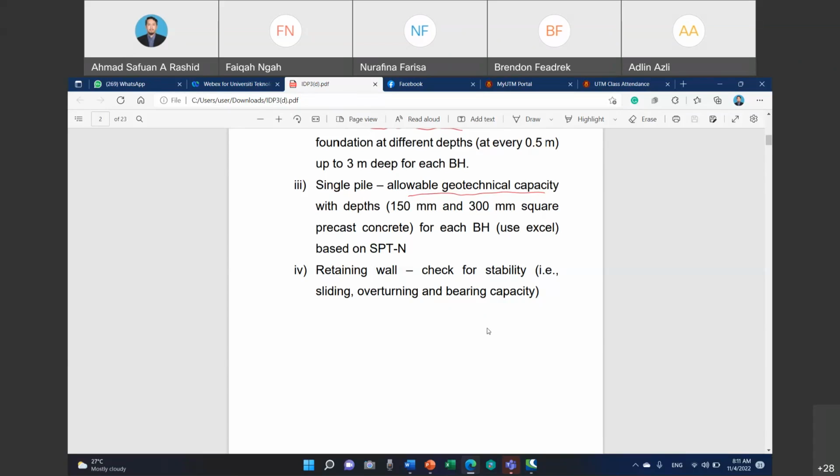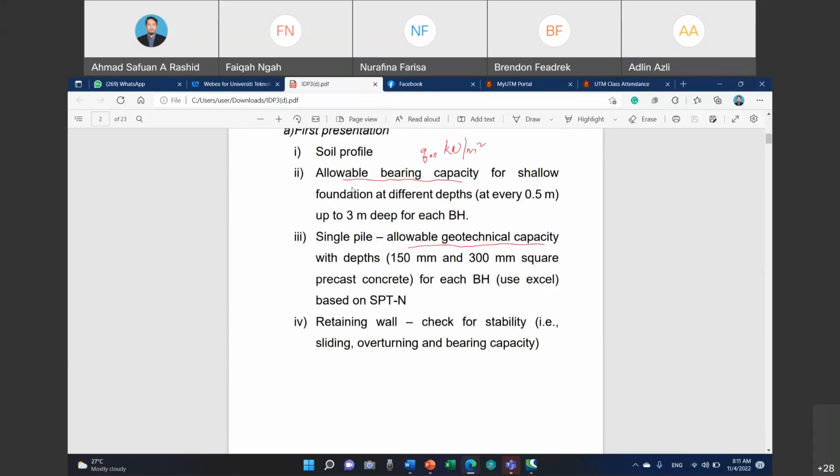Okay. So basically yang nombor 1, 2, 3 ni awak dah belajar dalam Geoteknik 2. Untuk nombor 2, 4 ni awak dah belajar untuk Geoteknik 1. Cuma additional of sliding, overturning and bearing capacity ni, iaitu tidak di-explain di dalam Geoteknik 1. So awak kena dapatkan dia punya maklumat lah.